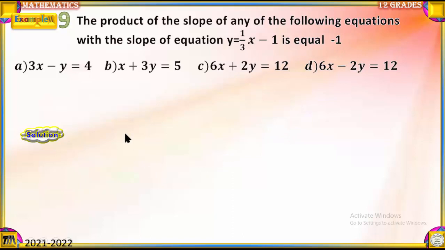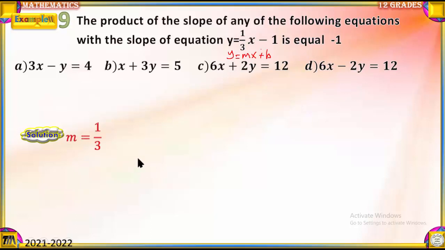So first we find the slope of this equation by comparing it with the slope-intercept form, y equals mx plus b. Then you can see that m is 1 over 3.